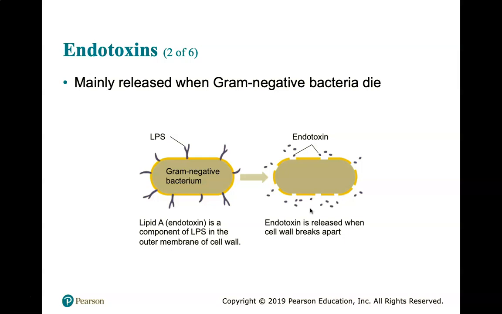So in turn, what can actually happen is by giving a patient antibiotics and killing the pathogen, it can make that person even more sick than they already are, because all of a sudden their body is going to be flooded with endotoxins.